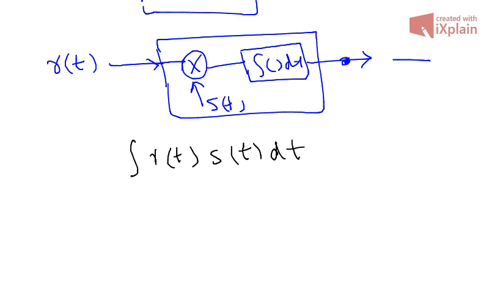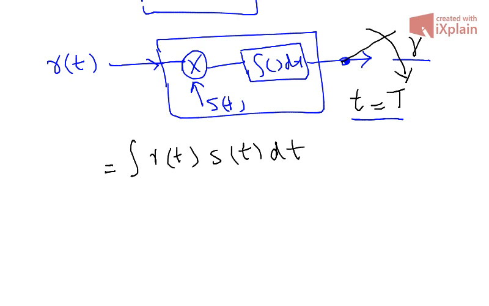And when we take this output at a specific instant, capital T, we are actually interested in the received value. We call it just r, because that would be a single value, since now your integral is a definite integral.